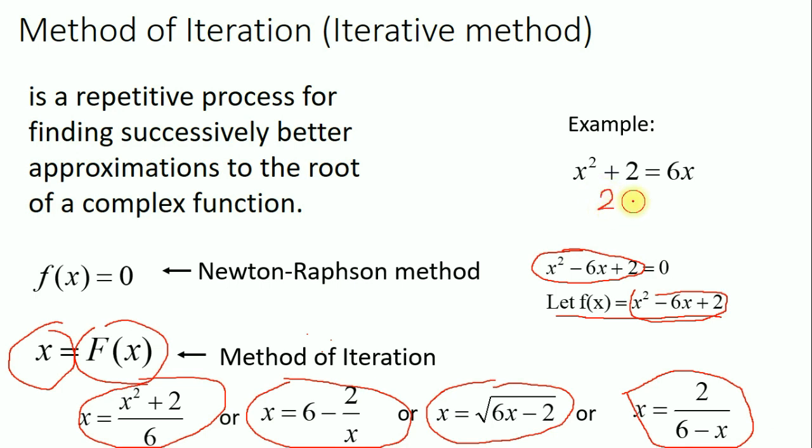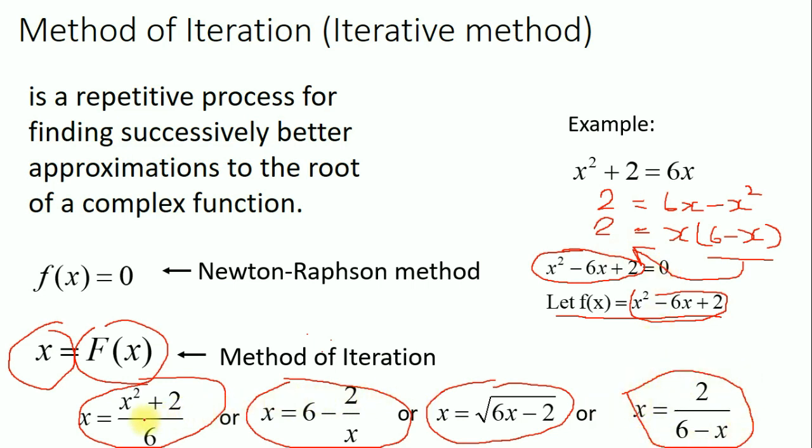I move x squared over here, and then I factorize x. Then I divide by 6 minus x on both sides. I will get this.